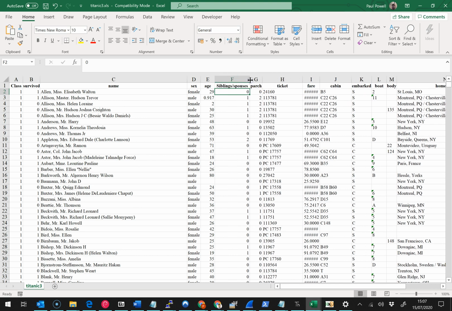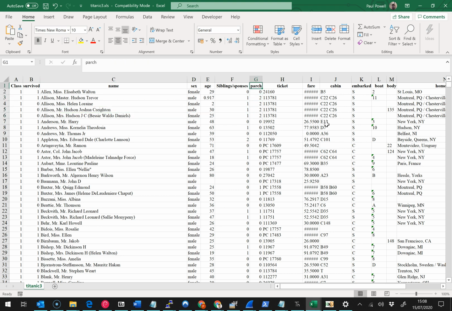So if we go back to the Allisons again, you have got Master Hudson has 1 sibling or spouse, and that's his sibling. Master Allison has got a sibling which is Helen Allison. So each of them has 1 sibling. Next on over you have got these 2, and they are married, so each of those they have 1 spouse.